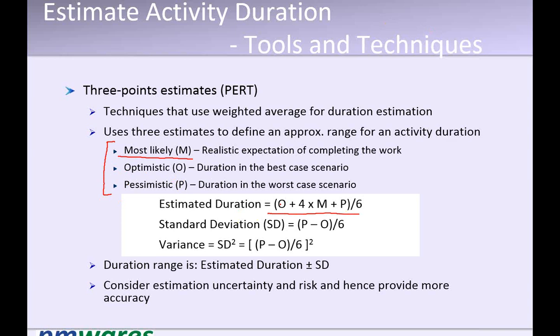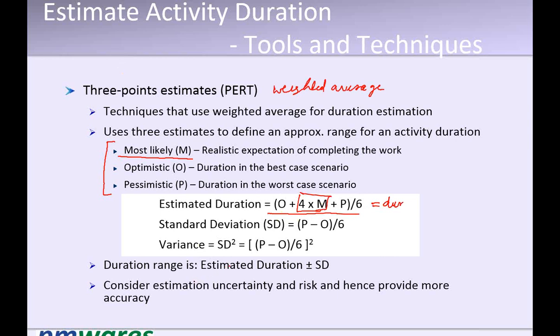So we influence the expert judgment estimate with the worst-condition and best-condition situations. Therefore it is also called weighted average. Why is it weighted average? Because the most likely has a higher weight than optimistic and pessimistic. So this gives us the duration estimate.